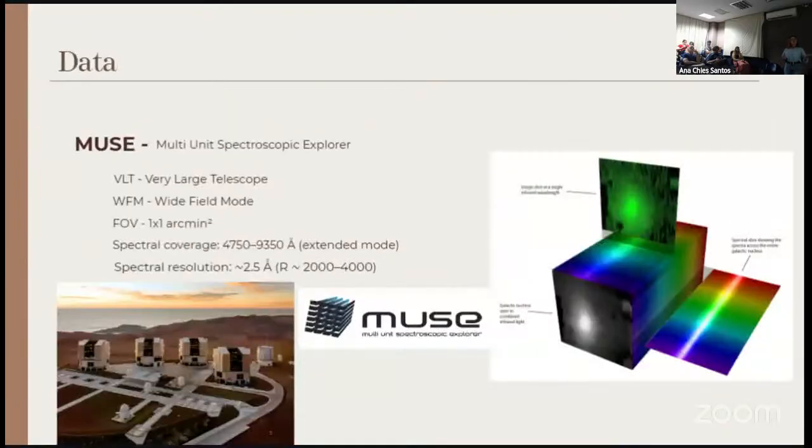To do this, I use MUSE data, the Multi Unit Spectroscopic Explorer at the VLT telescope, and we have a field of view of 1 arcminute per side, and an optical spectral coverage, but since we are observing redshift 3, you can see the ultraviolet spectrum.